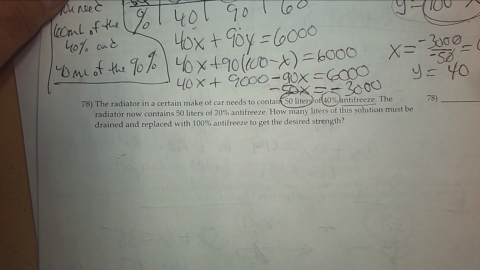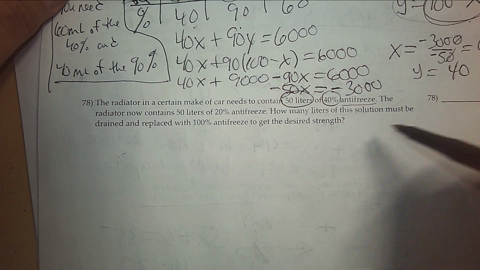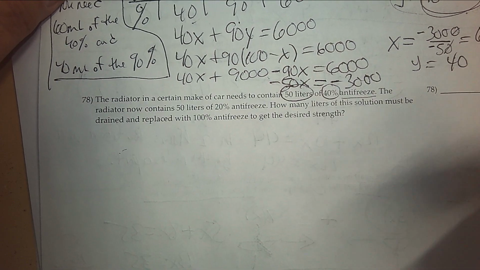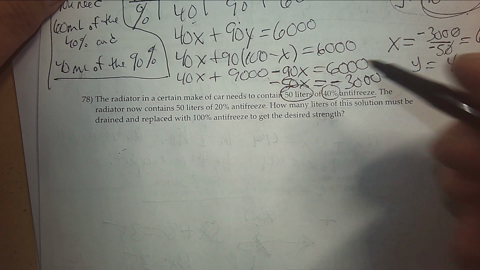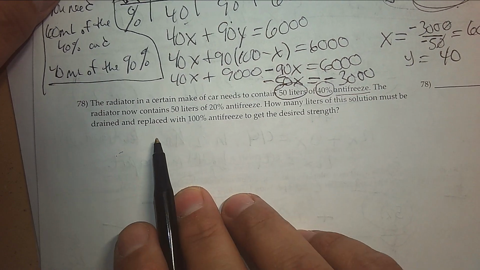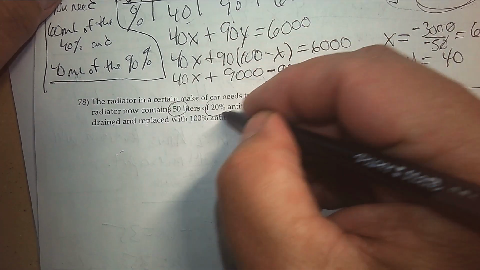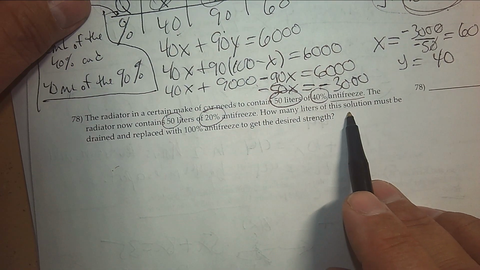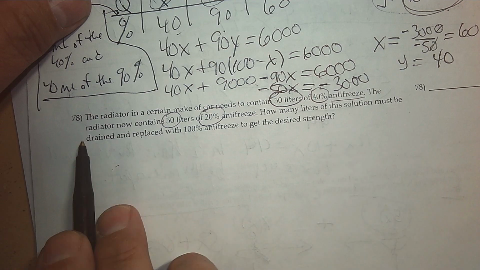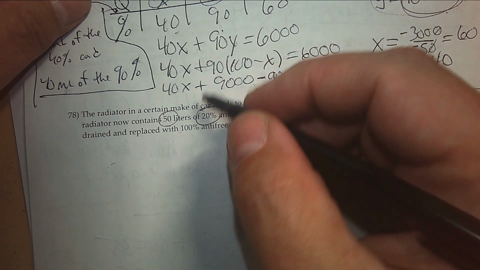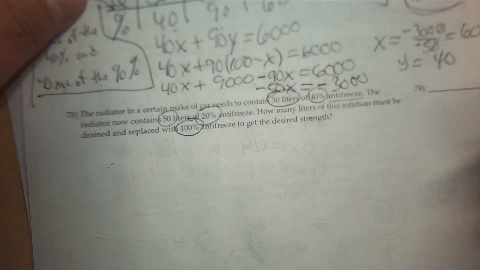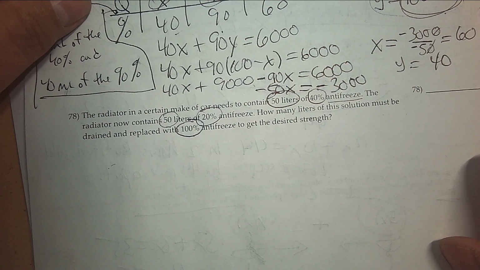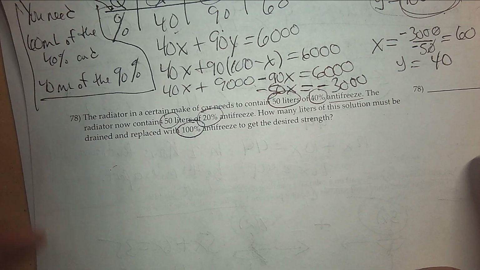Can't have ice in there to start your car. So antifreeze keeps it so there's no ice in your engine, or the other way, it doesn't overheat. All right, the radiator contains 50 liters of 20% antifreeze. How many liters of this solution must be drained and replaced with antifreeze to get the desired strength?